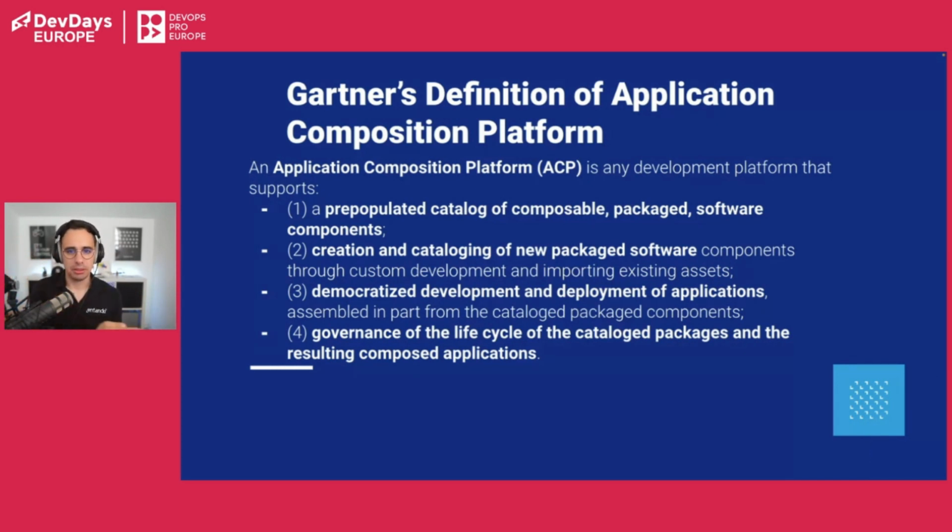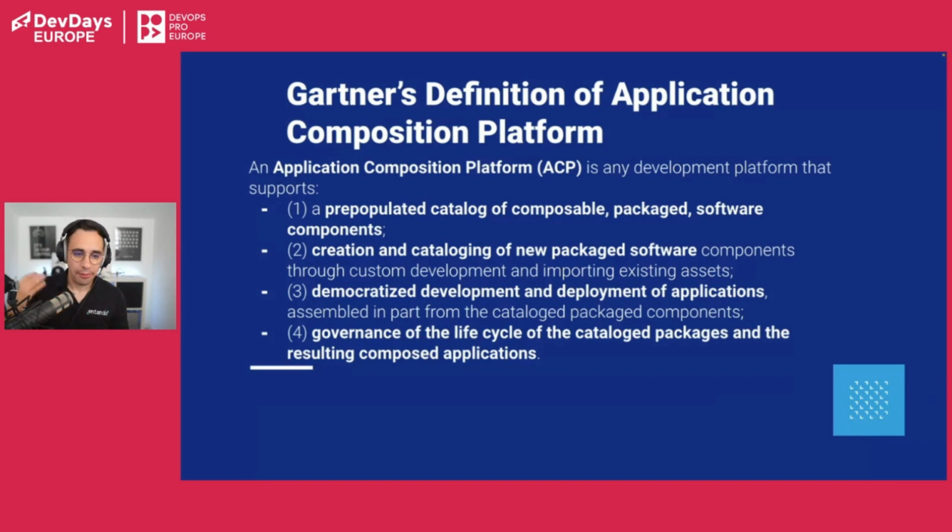If you want to have the platform, you need to have first the components and the catalog that comes with them. You should be able to create and catalog these components. Then you should be able to deploy applications using those components.